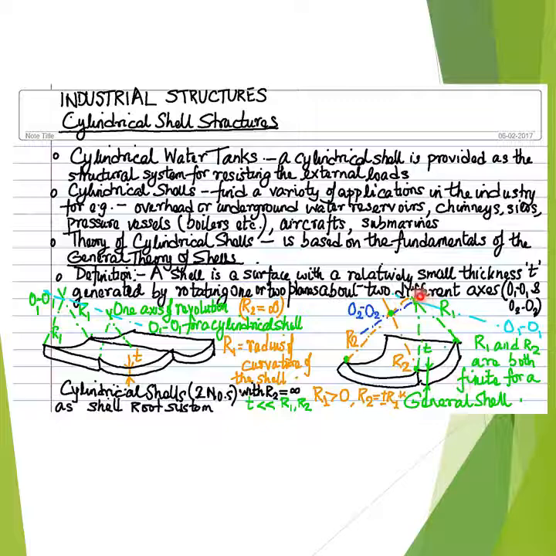However, the shell surface that is presented in this figure is a shell that has a single curvature, or the radii of curvature that are both finite and positive.